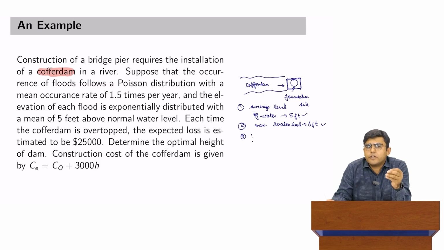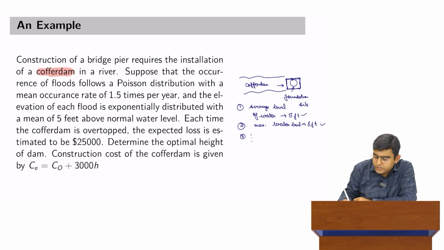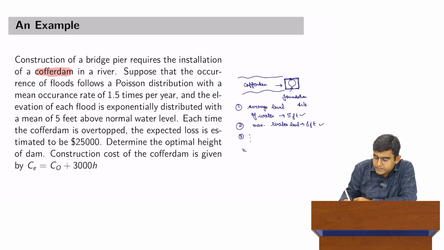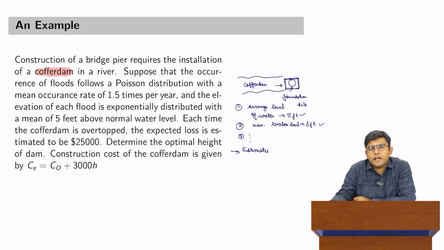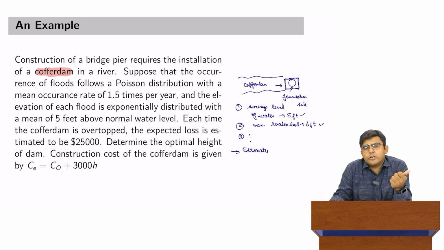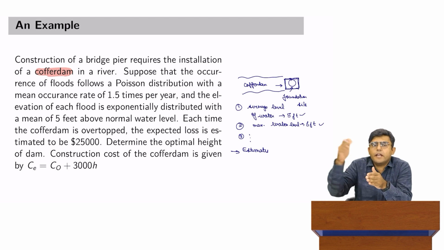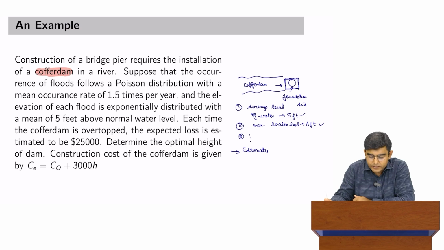And based on that, we try to come up with something called as estimates. So from data, we get into estimates. And now if you relate it to our previous discussion on aleatoric uncertainty, this is one typical way to characterize aleatoric uncertainty.